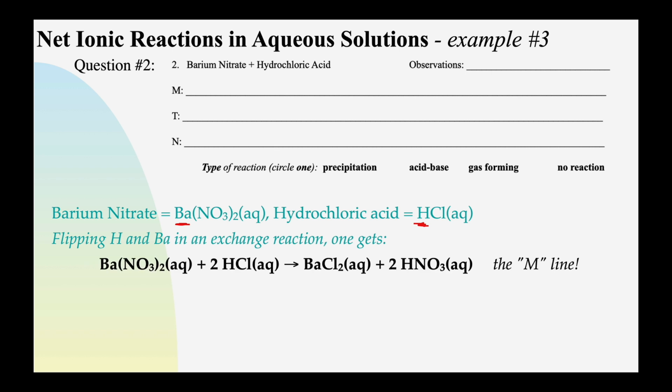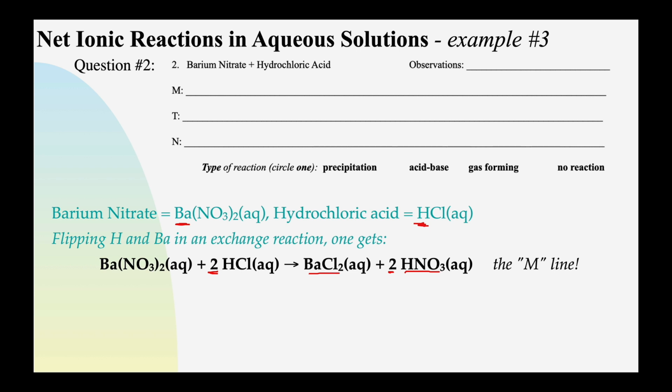So instead you would write just HNO3 because that's the smallest whole number ratio of ions that come together, and you'd add a stoichiometry of 2 in front of both the HNO3 and the HCl because if barium's +2 and chlorine's -1, you'd have BaCl2 on that side.